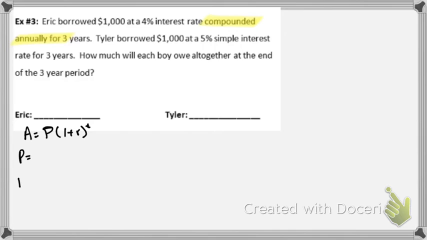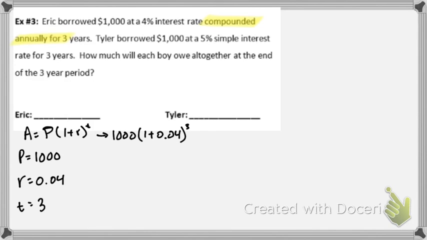So P, R, T. P is going to be that 1,000. Rate is 4%, so we'll put 0.04. And our time is 3 years, so we'll put 3. So this turns into 1,000 times 1 plus 0.04 to the power of 3.